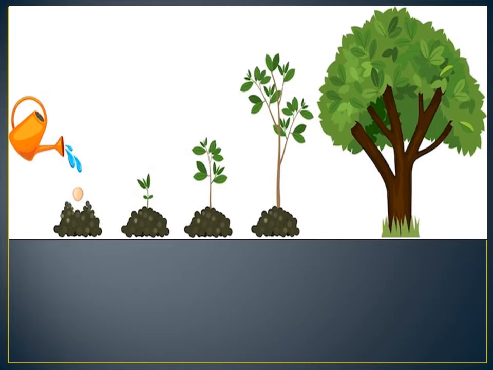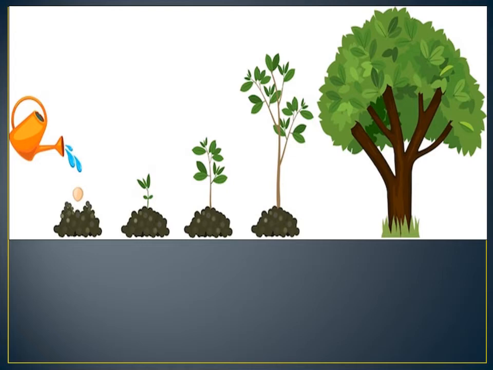And not only plants, but animals also grow big from their baby form. In the beginning, they are very small and tiny, but after some months, days, years, animals become very big.